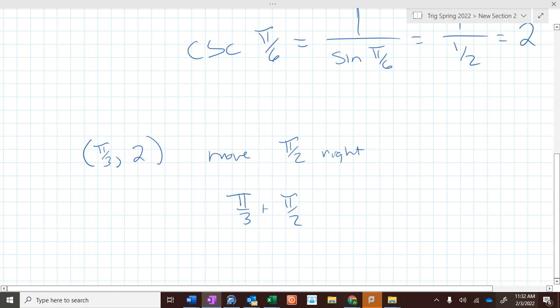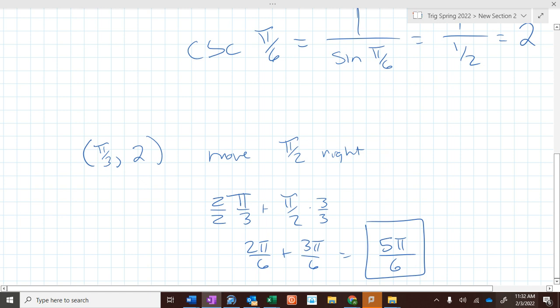To add fractions, you need a common denominator. What's the common denominator between 2 and 3? 6. So you multiply this top and bottom by 2, this top and bottom by 3, and you get 2 pi over 6 plus 3 pi over 6 gives me 5 pi over 6. We good with that? Okay.